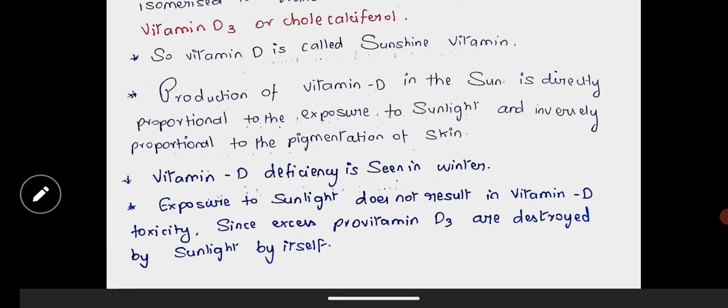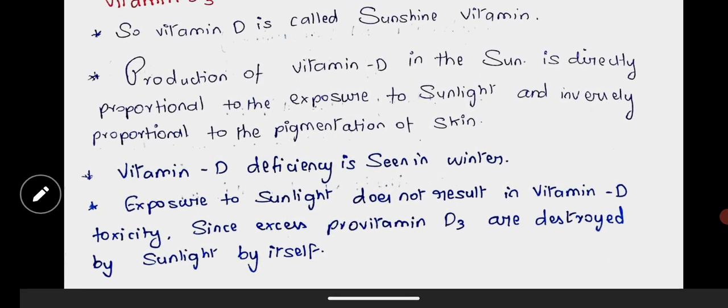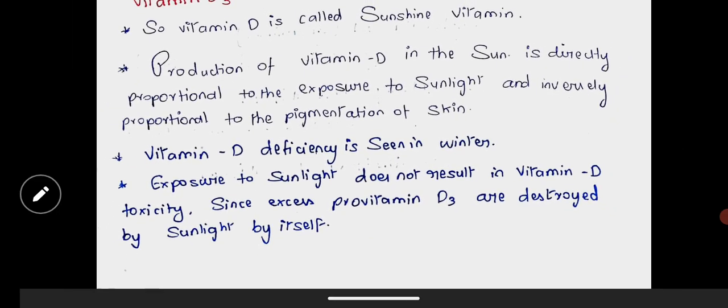Vitamin D deficiency is seen in the winter season. Exposure to sunlight does not result in vitamin D toxicity, since excess provitamin D3 is destroyed by sunlight itself.